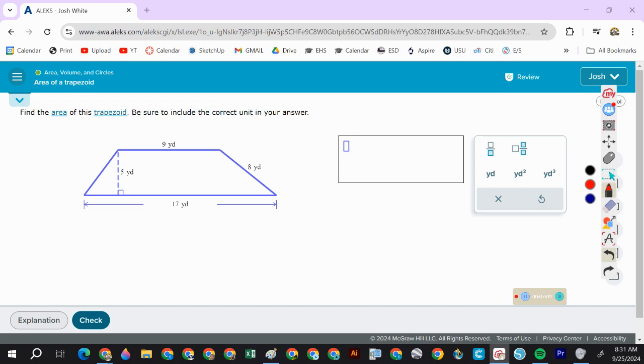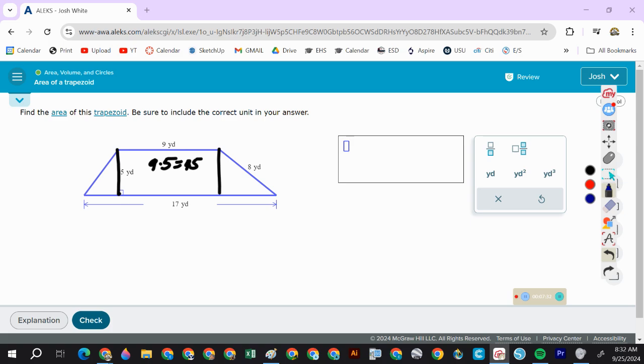But we still need to cut it. So we can cut it into one rectangle and two triangles. The area of that rectangle is 9 times 5, which is 45. And then we have to find the area of the two triangles.